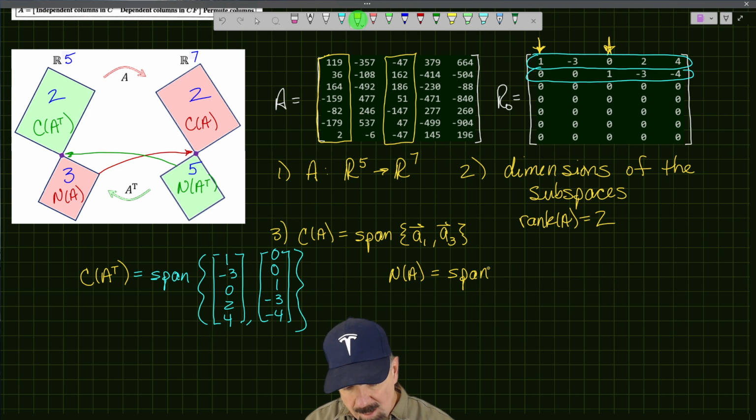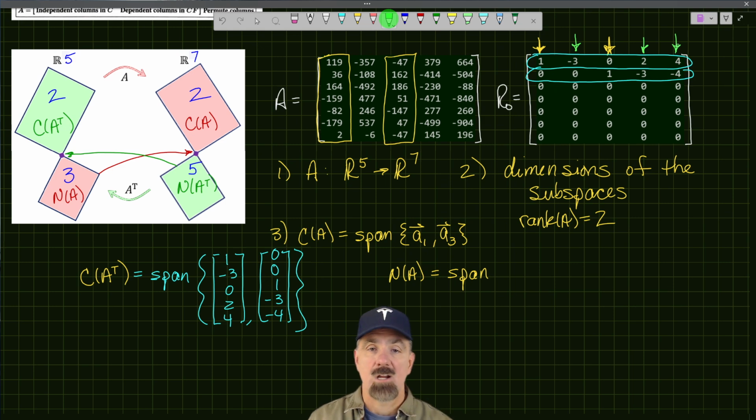Well, I'm going to switch over to the green. The null space comes from the non-pivot columns. These are the free variables associated with Ax equals 0. That's what the definition of the null space is. It's the set of vectors that solves Ax equals 0. So it makes sense that they come directly from the free variables. The free variables are in green there.